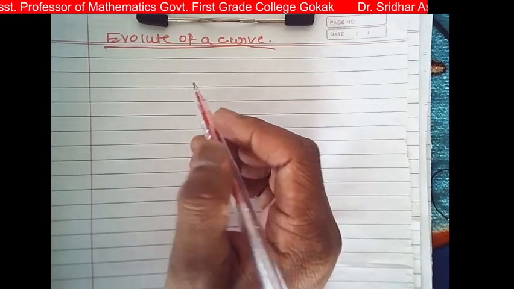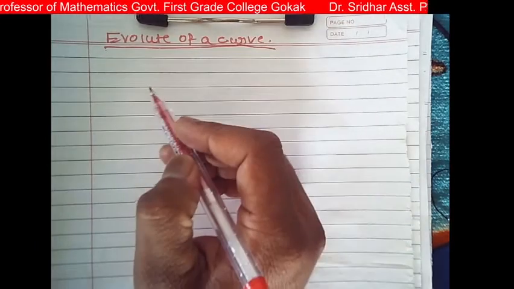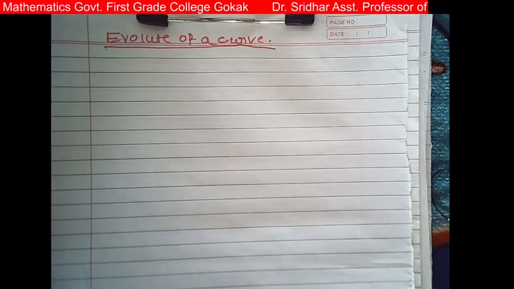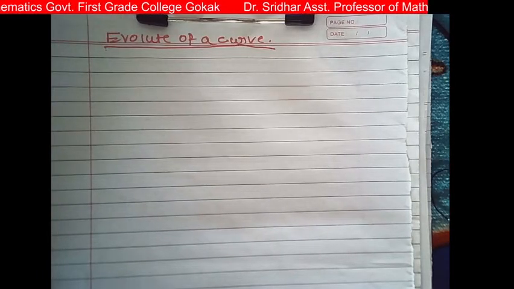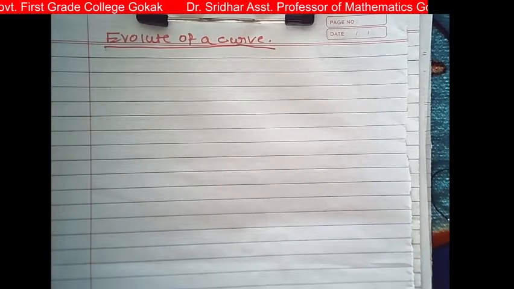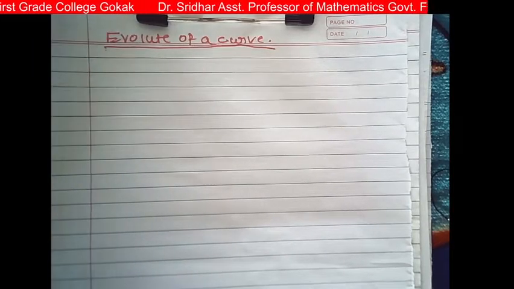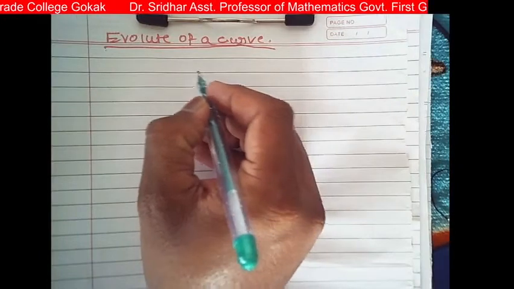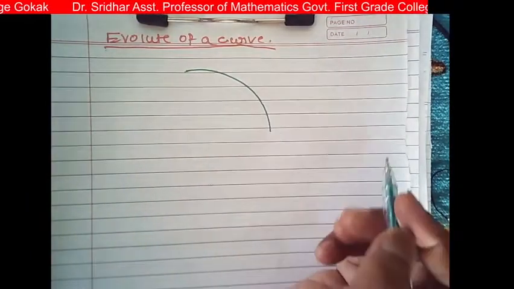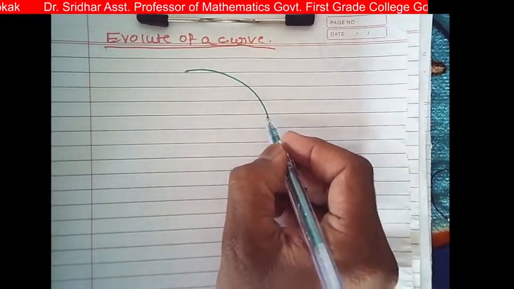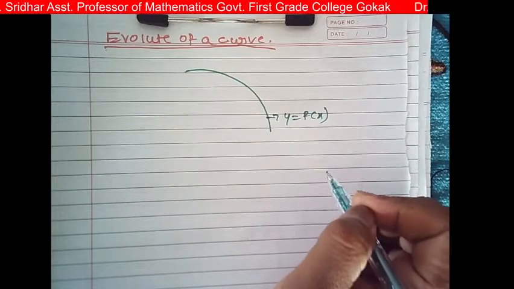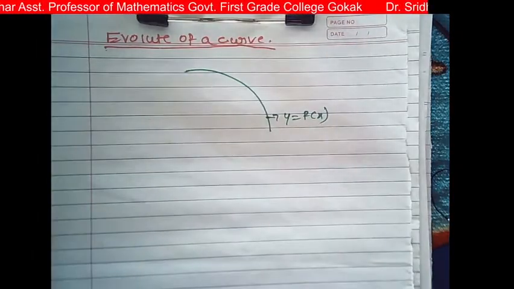So, to define evolute of a curve, let us consider a curve. Let this be a curve which is given by the equation y is equal to f of x.